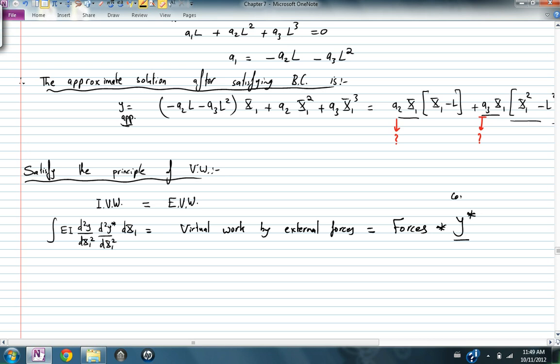Each external force multiplied by the corresponding y star.